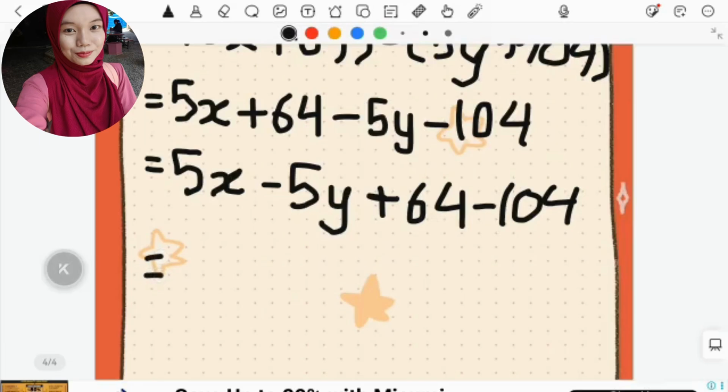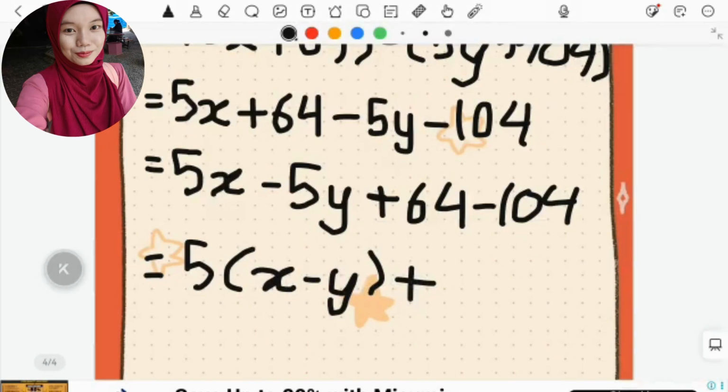And then we simplify it. We turn it into 5 in bracket x minus y minus 40. And then from the early step, we already know that x minus y equals to 40.